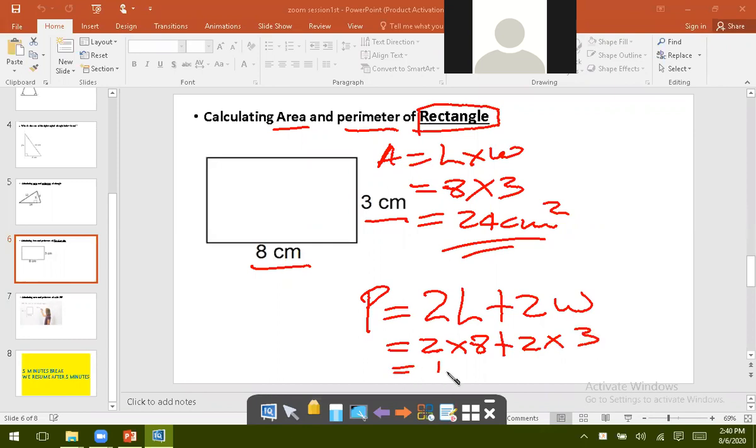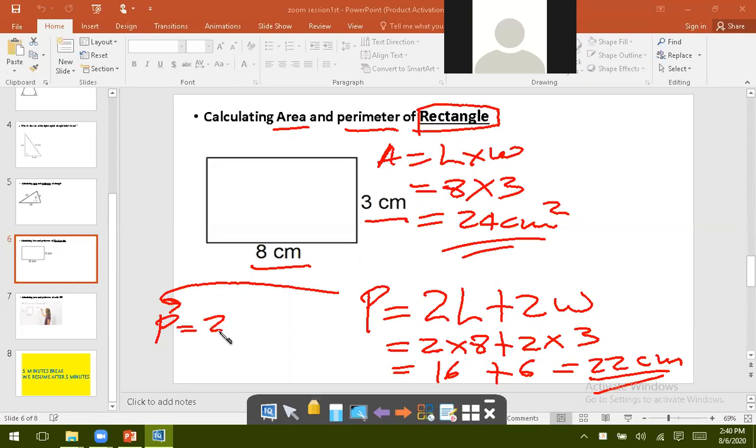So 16 plus 6 is 22 cm. That's your perimeter. So actually the formula for perimeter is P equals 2 outside, L plus W. So when you expand the brackets, you come to this one.